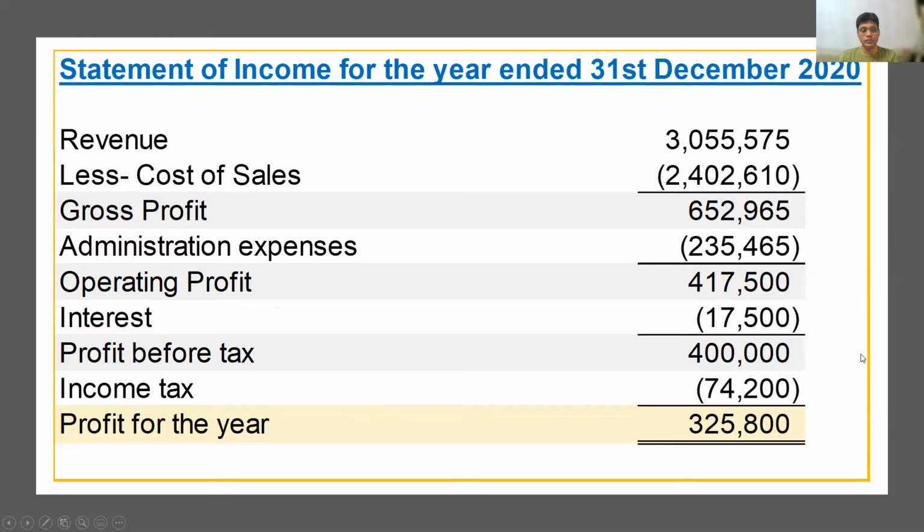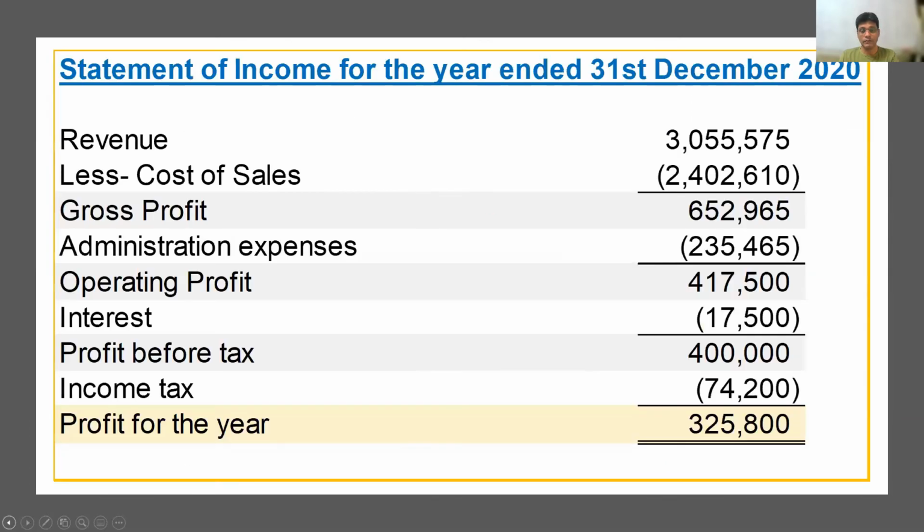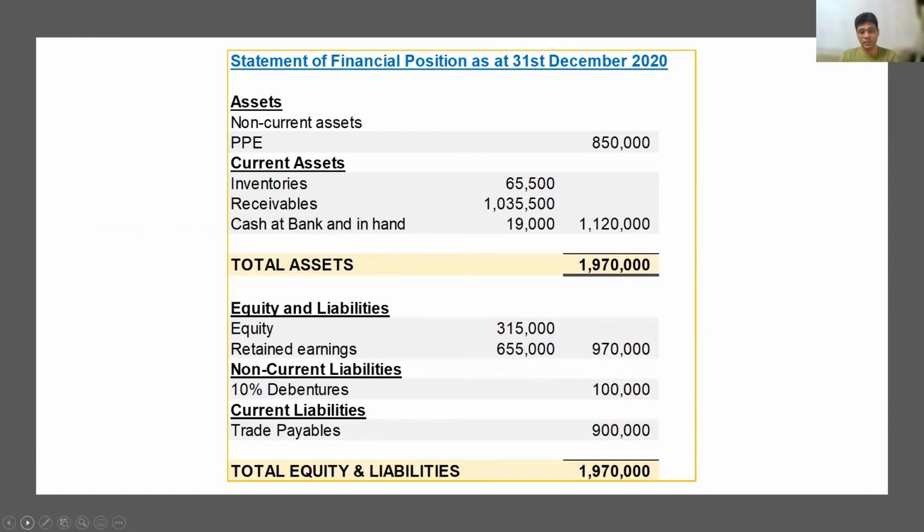Now let's move on to this particular question. You are given the income statement for the year ended 31st December 2020, and also the statement of financial position as at 31st December 2020. Based on these, we need to identify the return on equity.